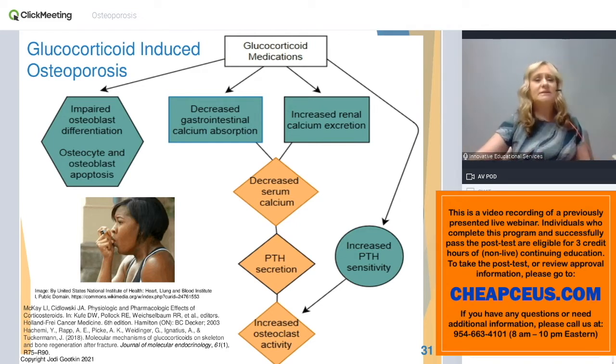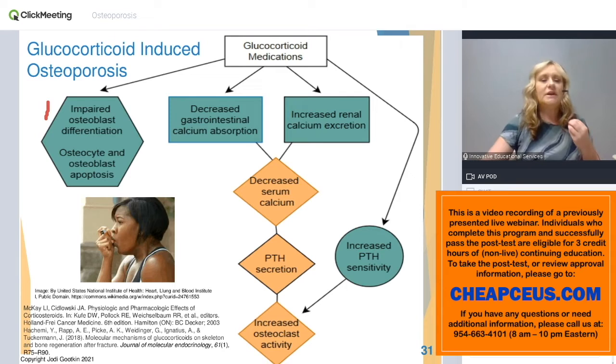In a basic sense, the most direct effect is that the long-term use of the glucocorticoids is going to impair the osteoblast differentiation, so they're less effective in creating that new bone formation. And then they're also finding that the osteoblasts tend to go through apoptosis, so they die sooner. And then again, they're not present in order to build up that bone that is broken down.